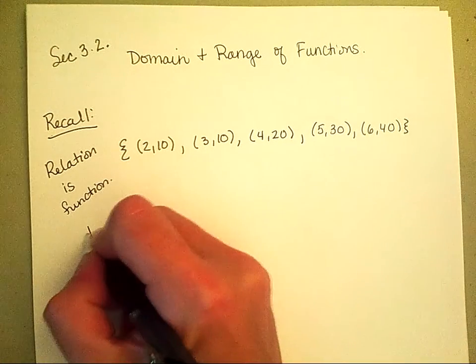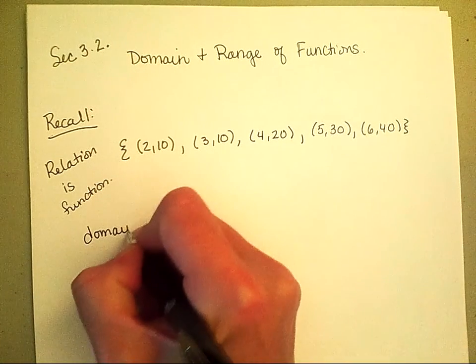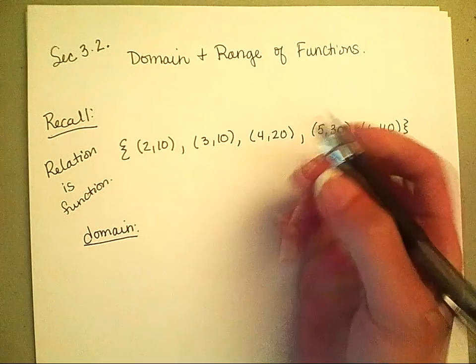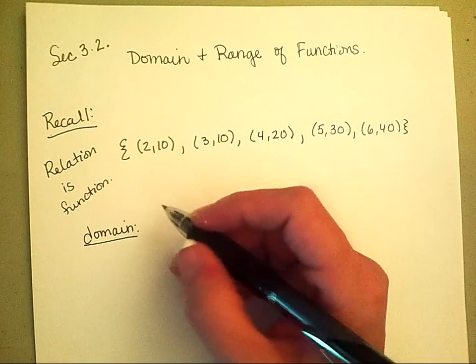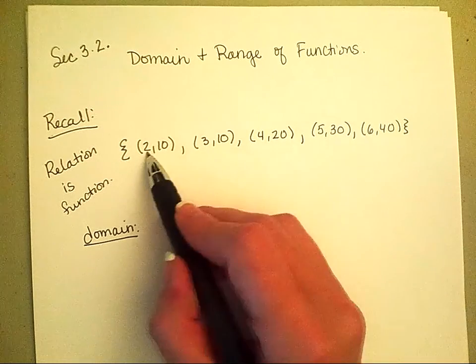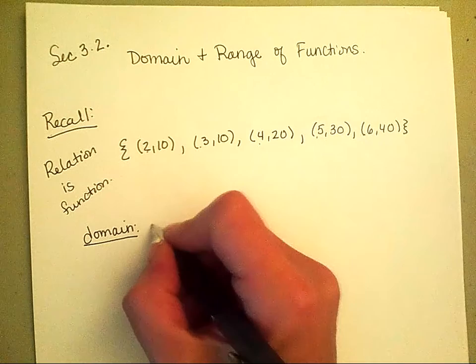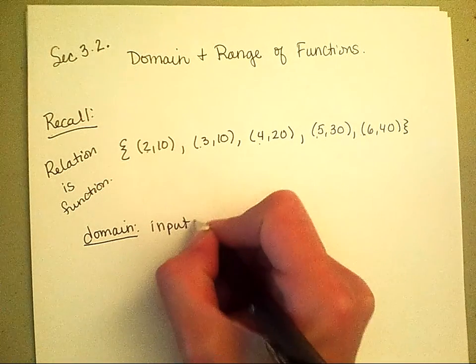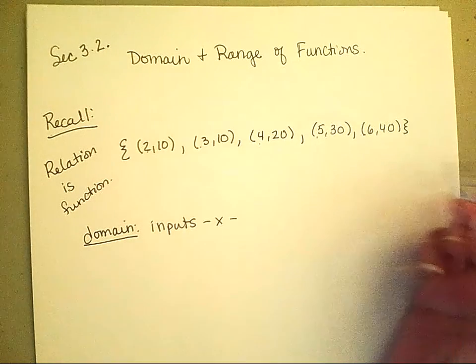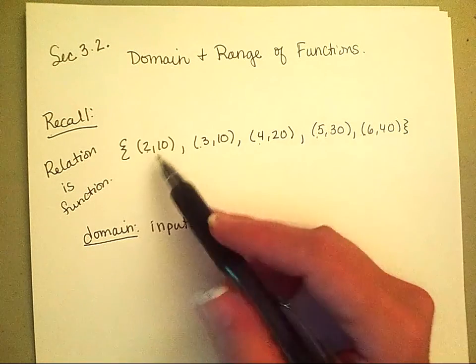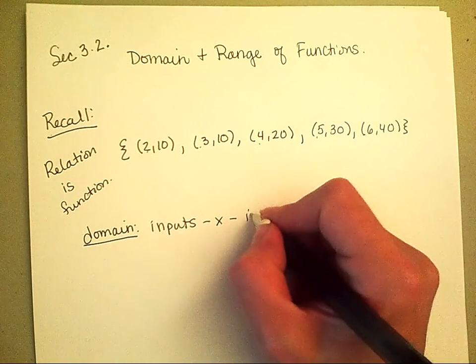So remember, domain we said was the set of inputs. We also called those the independent, so inputs, usually denoted by x. We also said this is the independent variable.